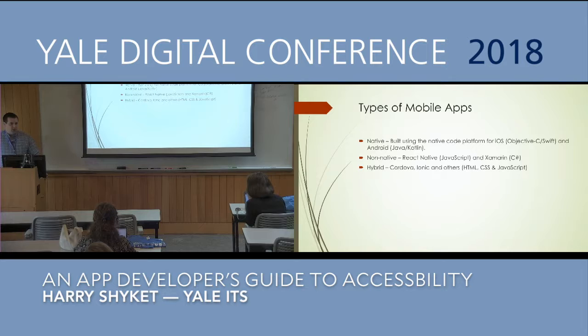So, the types of mobile apps. Usually you go to the App Store, you download an app, you use it. Sometimes you like it, sometimes you don't. Most actually get abandoned after a little while, where they just live on your phone. But there are three general ways to develop apps that I wanted to discuss.